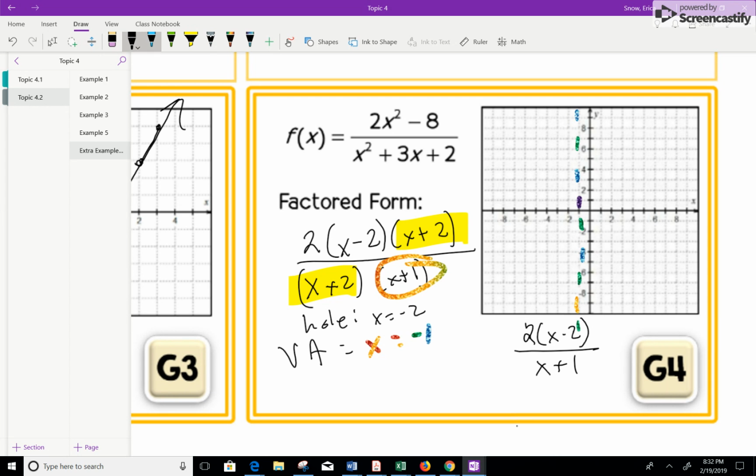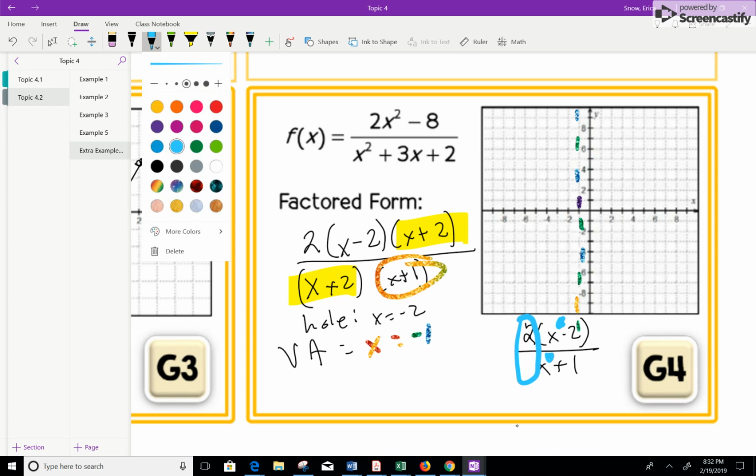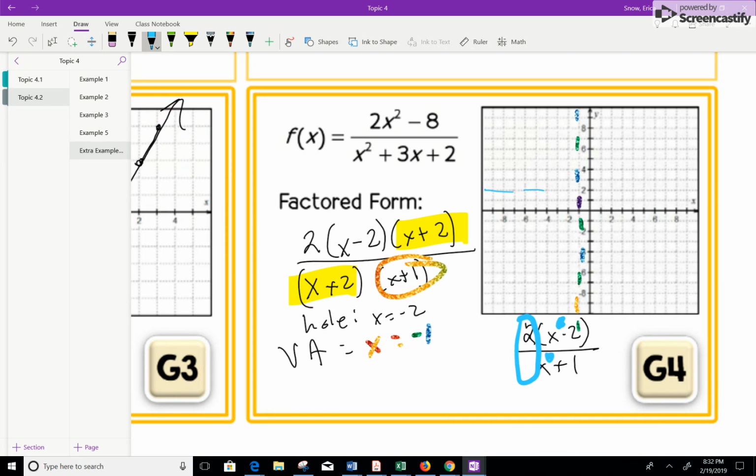And what you'll notice again is that our powers are the same. Both of them are 1s up here. So that means that our horizontal asymptote is going to show up here at 2. I'm going to draw that in. There's our horizontal asymptote.